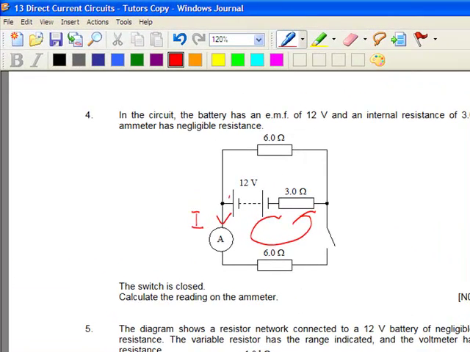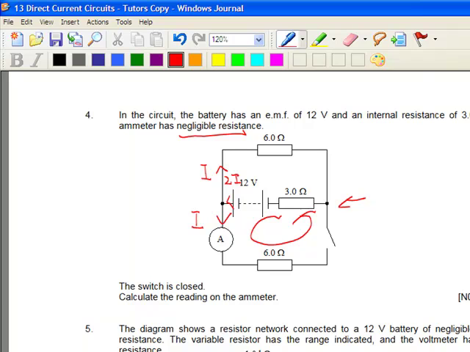If the current here is 2I, then this will be I and this is I. We have to assume the ammeter has negligible resistance. So we take the main current in this line to be 2I. Then can we formulate the equation now?